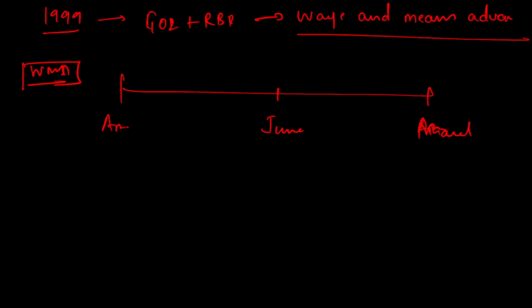So RBI, through ways and means advances, would give Government of India that money wherever there is paucity of cash, or what we called in the case of cash management bill, a temporary mismatch of cash.